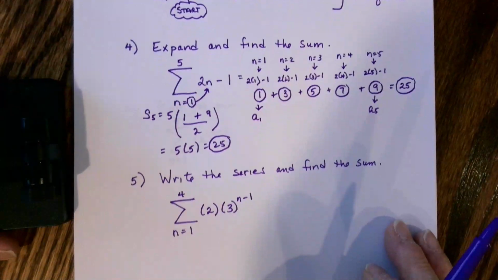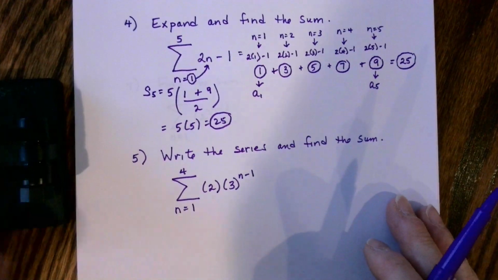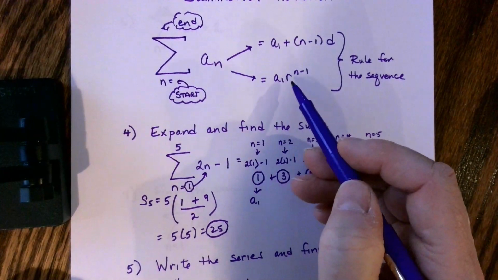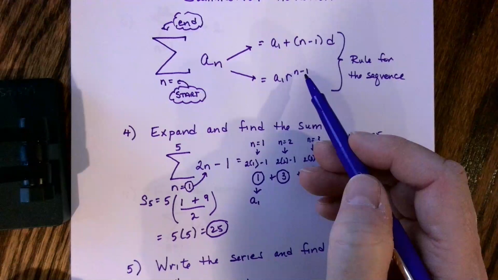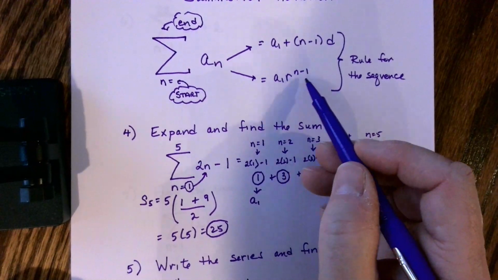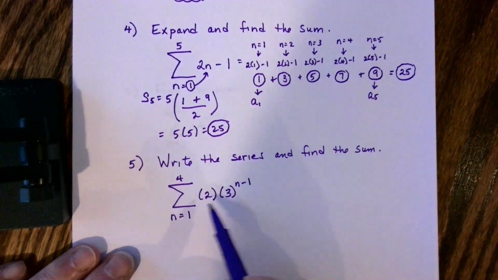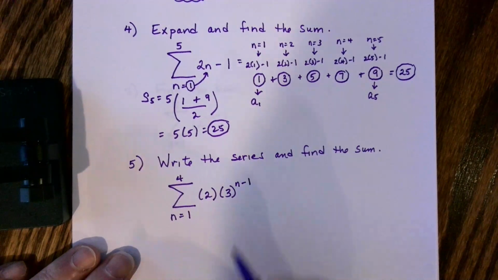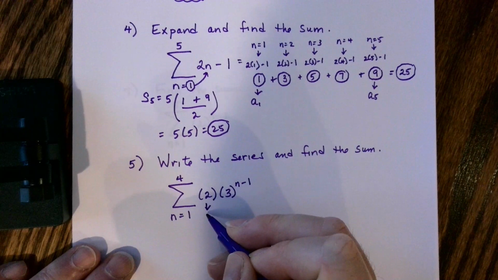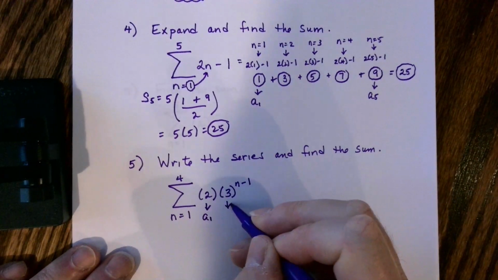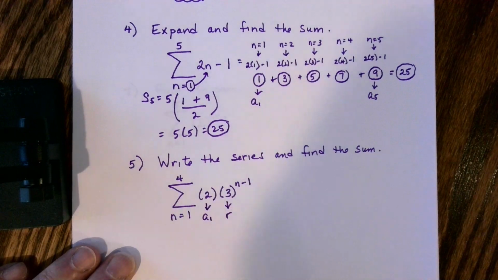What would this look like with the geometric series? Well, the same thing would hold, except remember your a sub n is different. It's the first term times r to the n minus 1. I want you to pay close attention to this formula and how it translates down here into this expression. I think it's very easy to see that 2 is my first term and that r is 3.